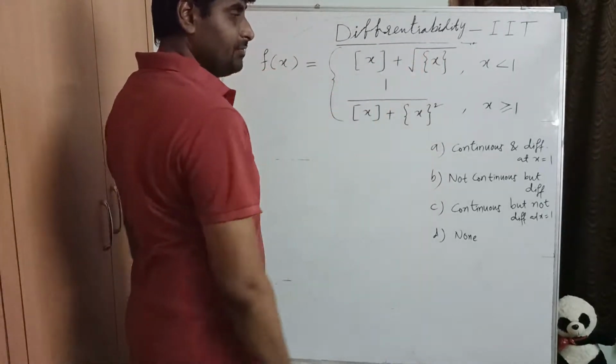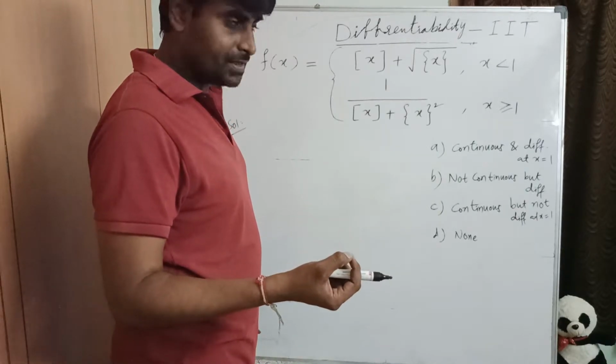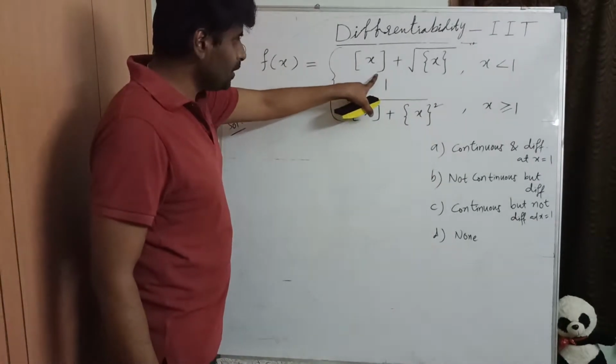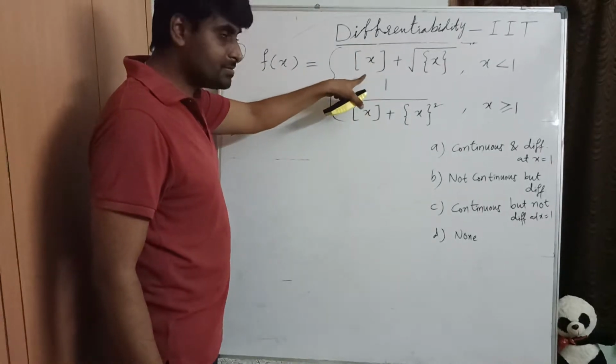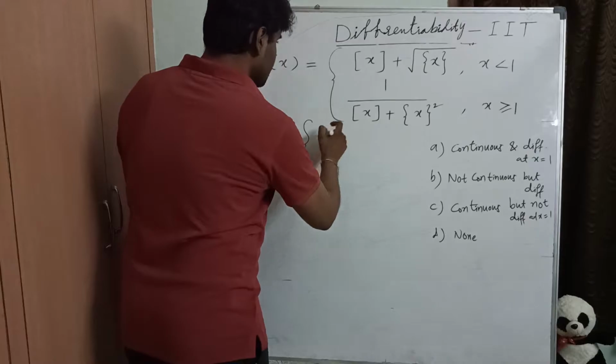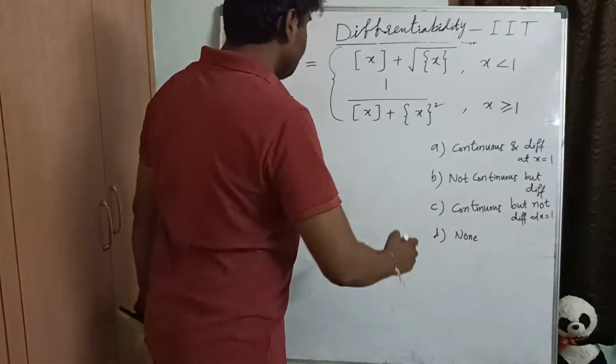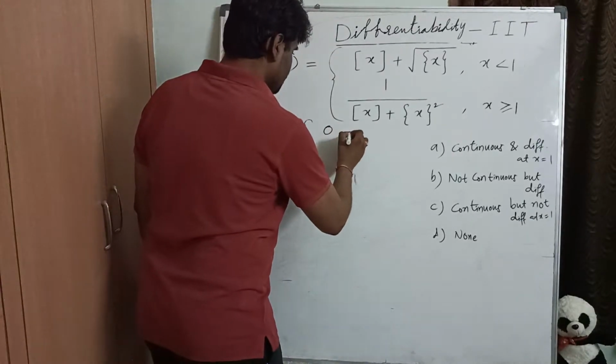First, x less than 1. X less than 1 means, can I take 0.99, correct? So step of 0 point something will become 0, correct? So this will become 0, and root of fractional part of x, anyway this is 0, right?